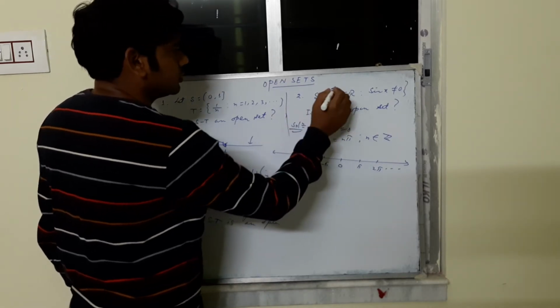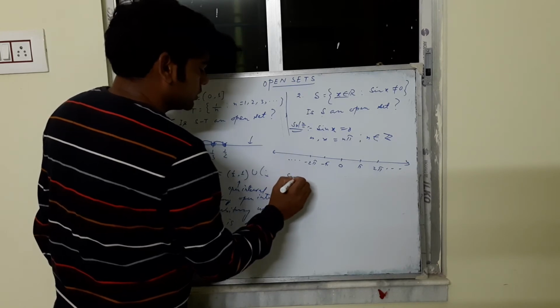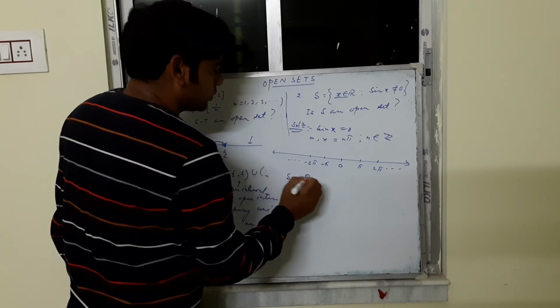So S is the set you get from the real line.